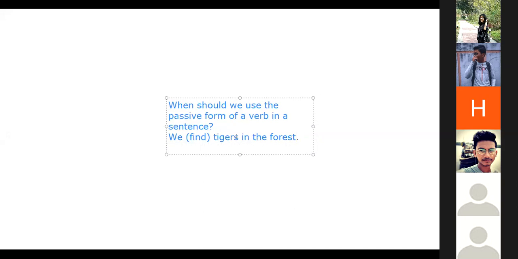And then, tigers find in the forest. বেশিরভাগ ছাত্রছাত্রী যেটা মনে করে যে বাক্যে বাই থাকলেই কেবলমাত্র প্যাসিভ হবে, আর বাই না থাকলে ভার্বের অ্যাক্টিভ ফর্ম হবে। আসলে ভয়েসটা বোঝাই হলো প্রধান ব্যাপার। What is voice?